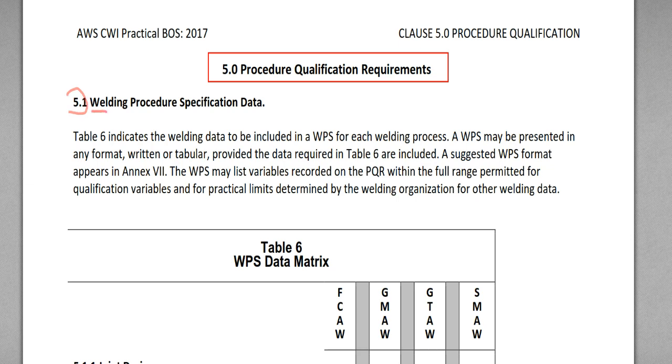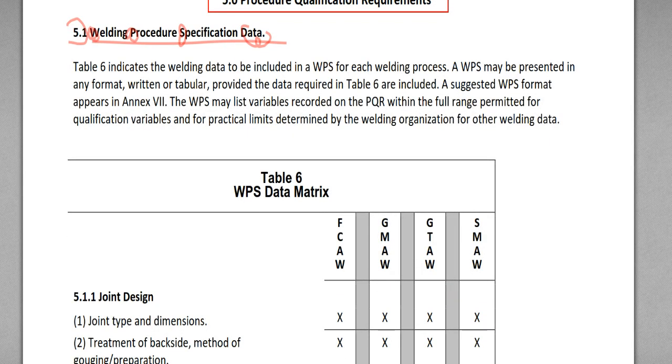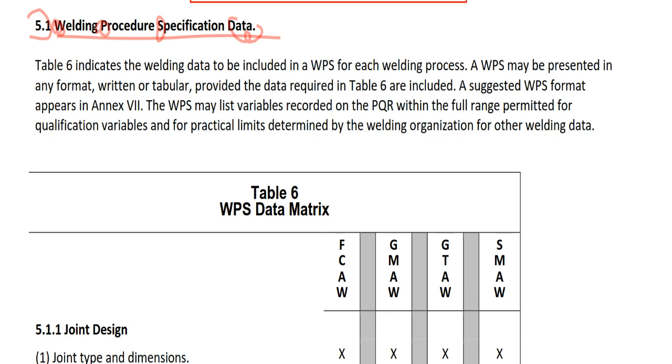5.1 Welding Procedure Specification Data. WPS stands for Welding Procedure Specification, and the data means the data listed in the WPS. Table 6 indicates the welding data to be included in a WPS for each welding process.